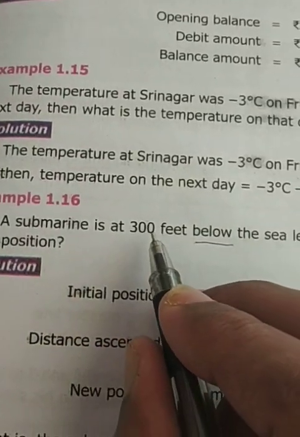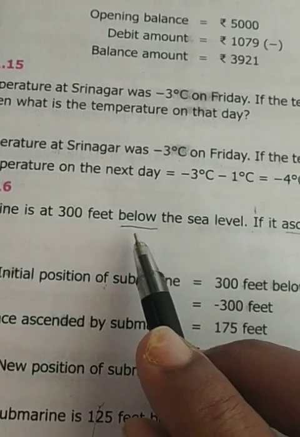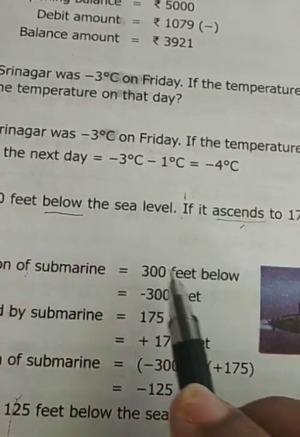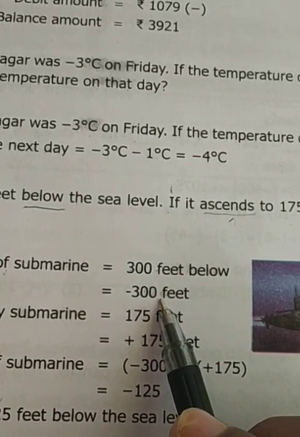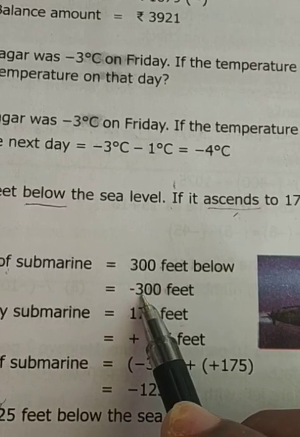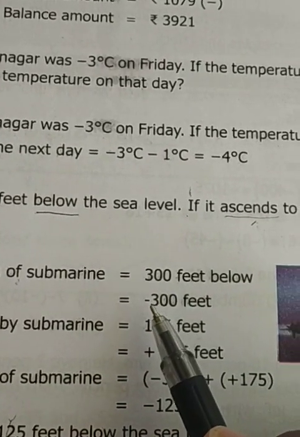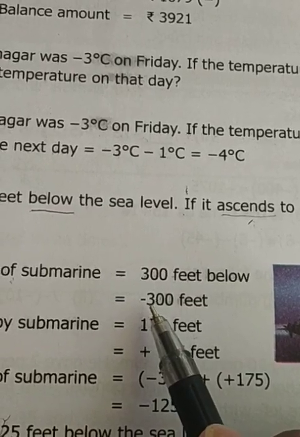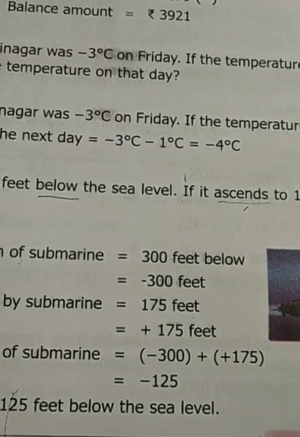Okay, the initial position is 30 below. So 30 below means the number is negative. Below shows the negativity of the integer. So the submarine is initially at -30 feet. That means 30 feet below the sea level.